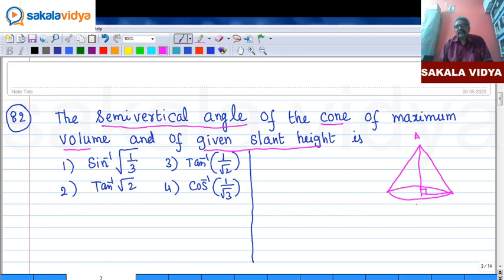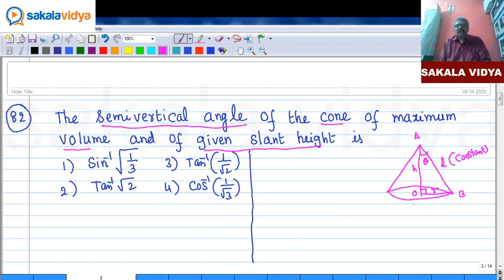Say A, this is O, this is B. Slant height is L, which is given constant. Here H and R are varying. Base radius R. This is the semi-vertical angle theta, which we need to find out.